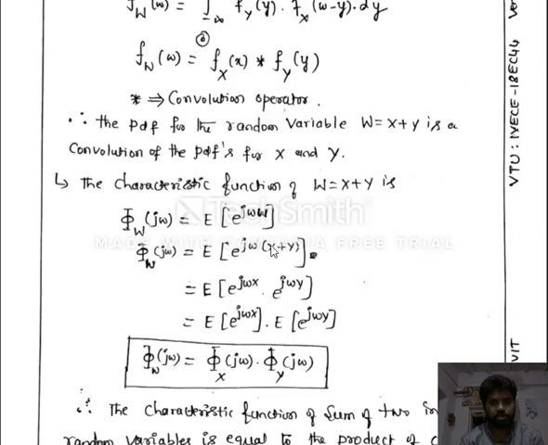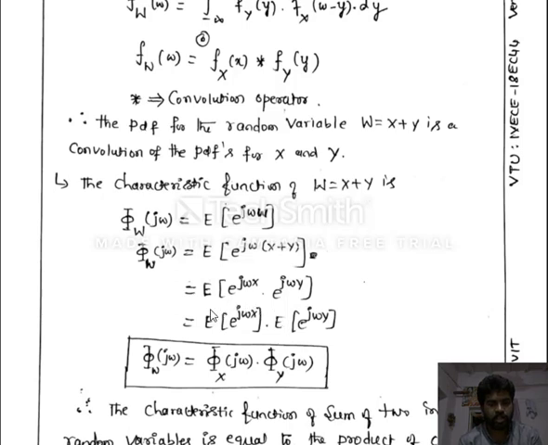We know that w equal to x plus y, so simplify using laws of indices, and you will get the expectation operator operating on e power j omega w equal to the expectation operator operating on e power j omega x into the expectation operator operating on e power j omega y.